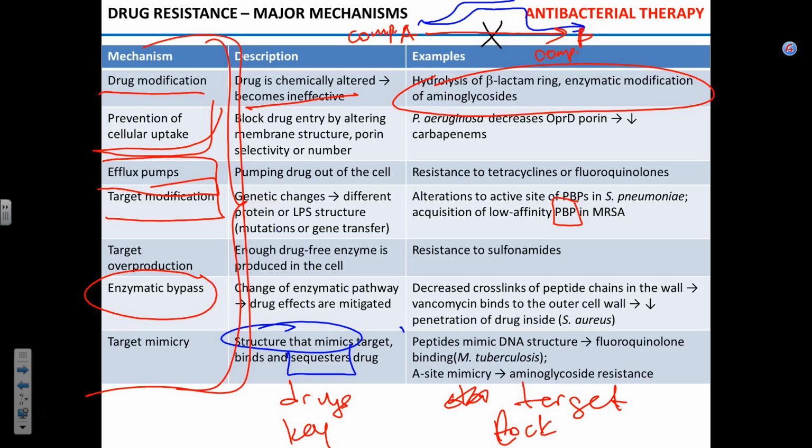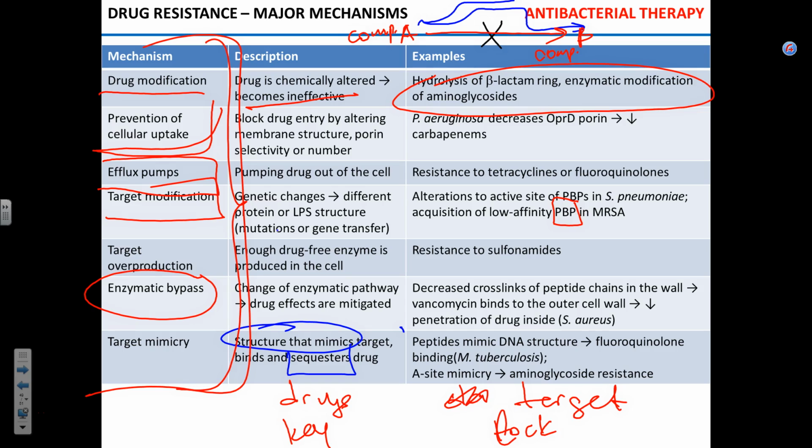Am I talking about inhibition of uptake into the cell? It's not available to inhibit the actual target.